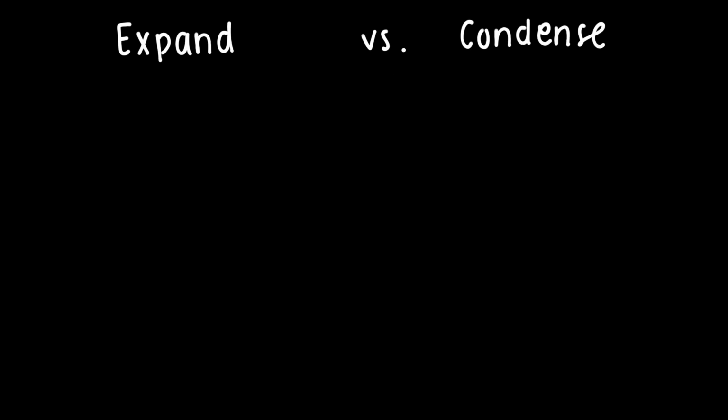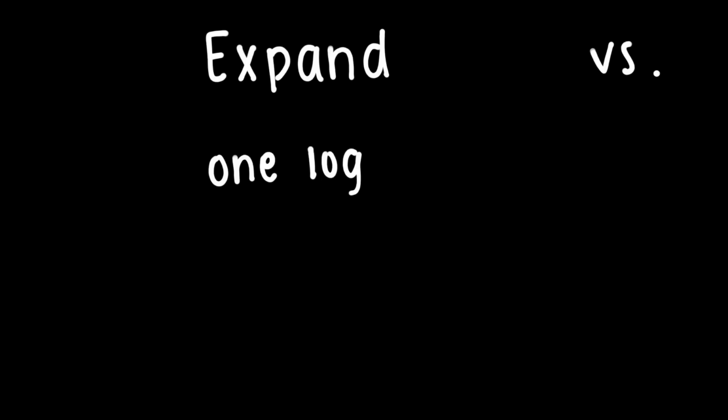The reason we have to know these properties first is because we're going to be doing two things with them. We could ask you to expand the logs or condense them. If you were given expand, that means you're going to take something small and turn it into something big. You're going to be given one log and you're going to expand it into multiple logs.